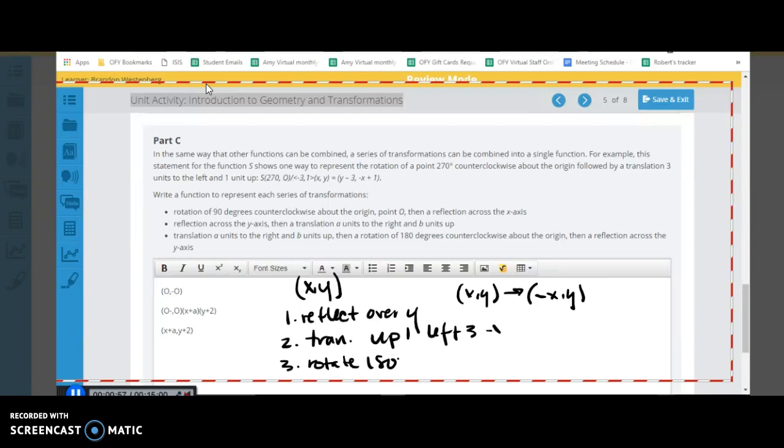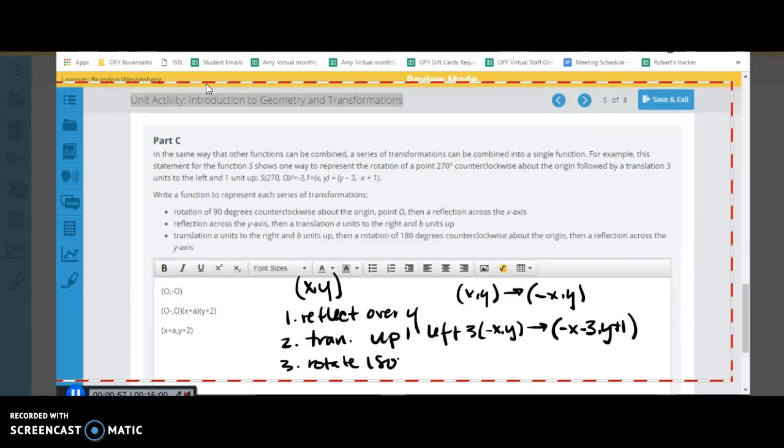We start with (negative x, y). Going up adds to the y, and going left subtracts from the x. So we start with negative x, and going left 3 is minus 3. Then we start with y, and going up 1 is adding 1. That's our new coordinate.